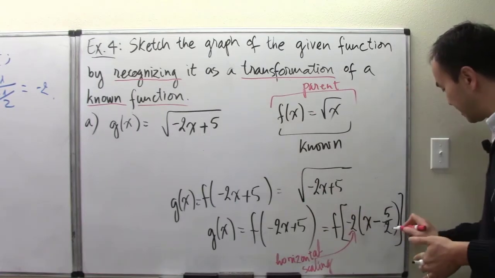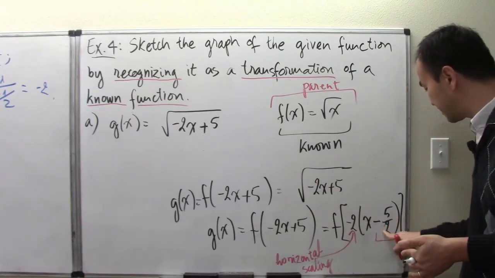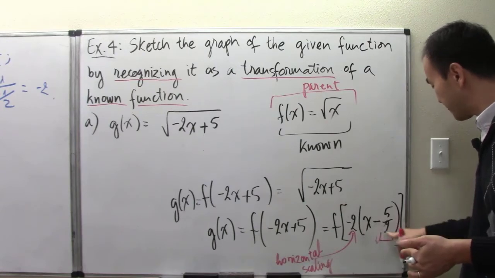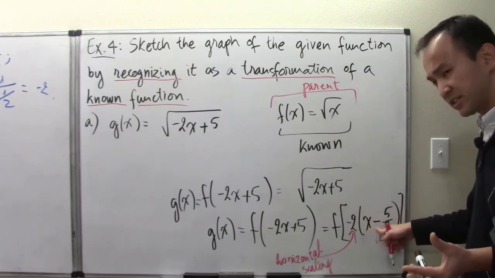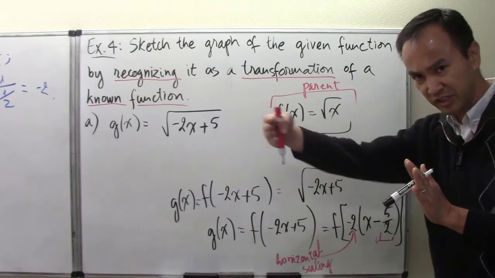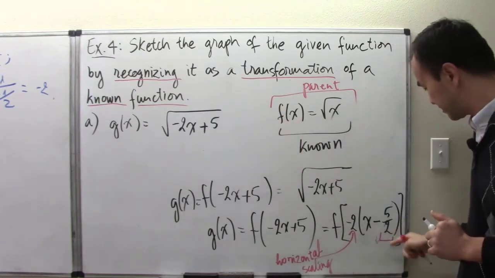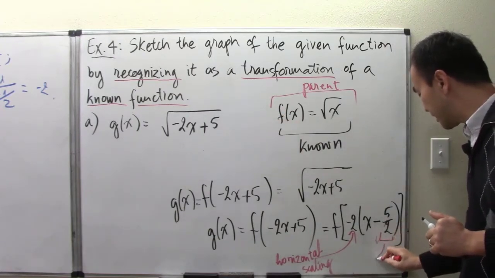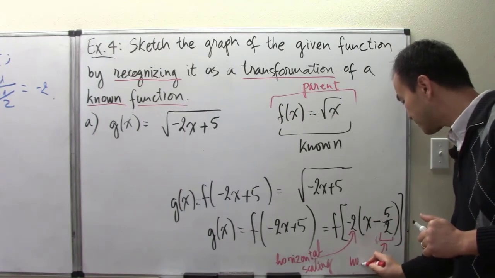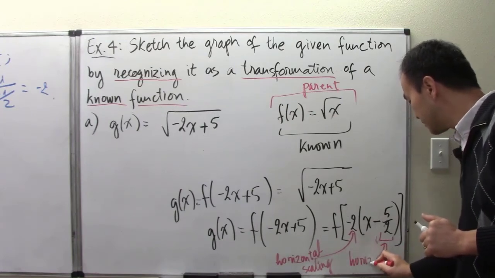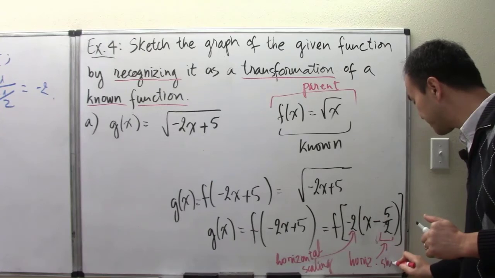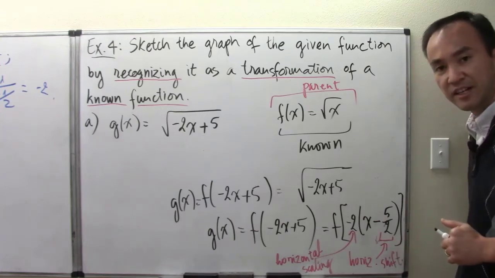And then this value 5/2 right here, which we already had in x subtract, means that it's going to have a horizontal shift. That's how I see it.